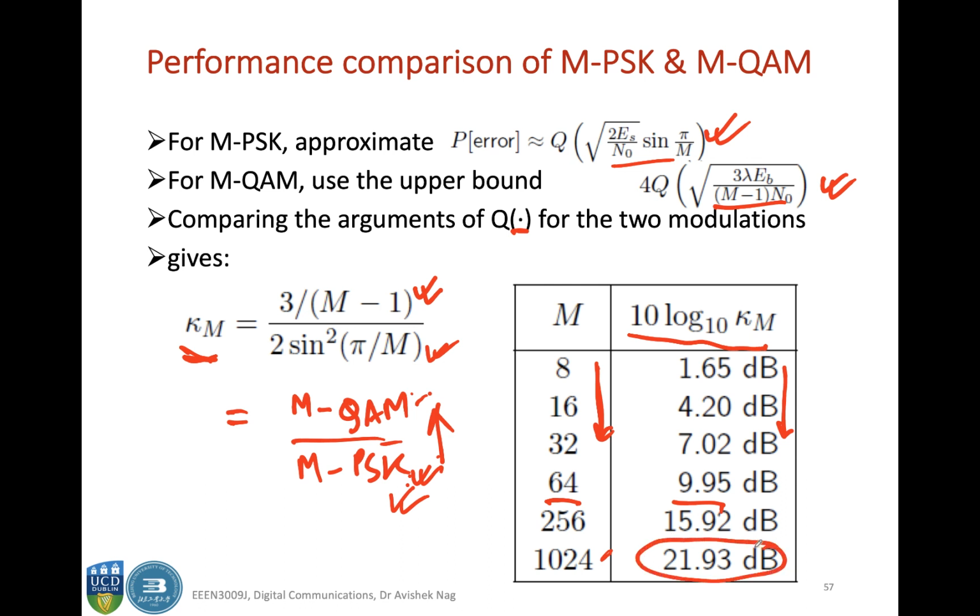This means that to generate the same probability of error, a 1024-QAM will require 22 dB higher power compared to a 1024-PSK. So this slide shows that PSK, or phase shift keying type modulation schemes, are generally better in terms of error probability performance compared to QAMs.